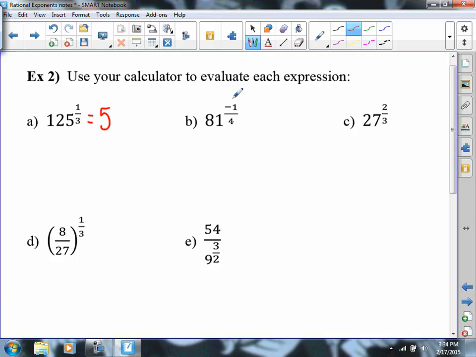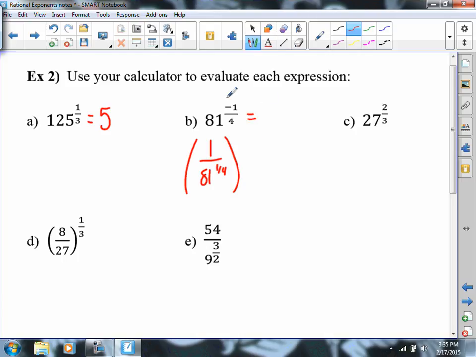Now, when we had negative fractional exponents before, we rewrote them, so we would have moved this whole expression down to the denominator. So when we did this before, we would have had 1 over 81 to the 1/4 power. Now, you don't have to do that when you're typing it into your calculator.